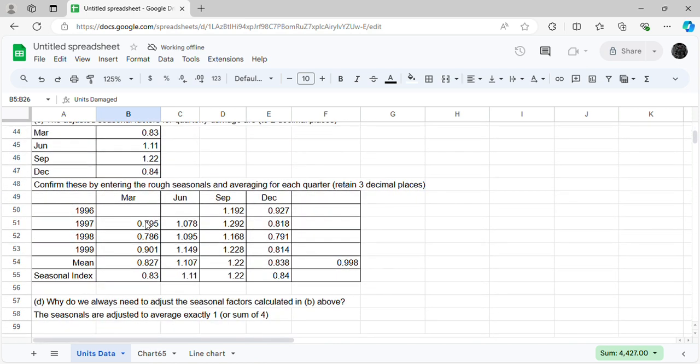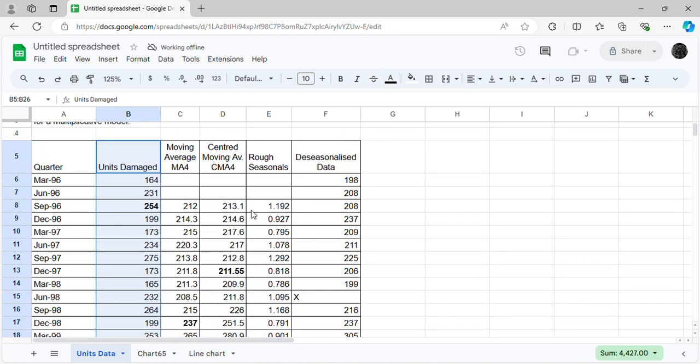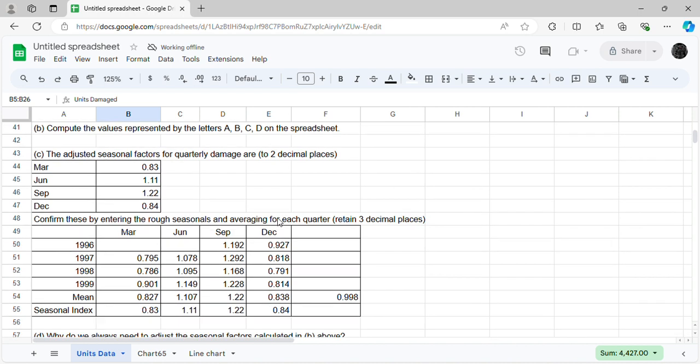And now we want to fill this table. So for 1996, for March and June, there are no values available. So for September and December, we fill these values in the table.